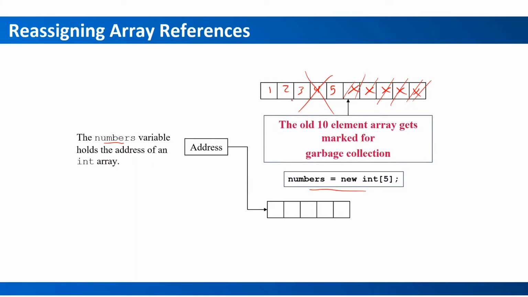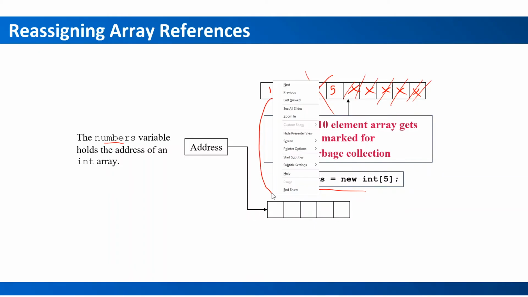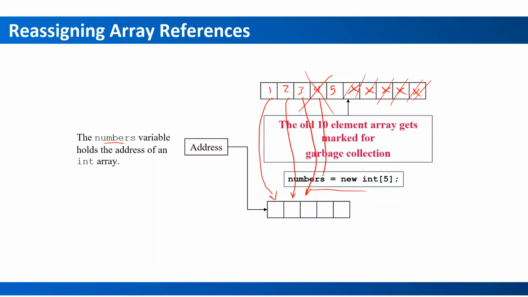Then I want to resize numbers to be 5. So what you want to do is create the new array, copy this here, copy, copy, copy, and then make this point to that array.